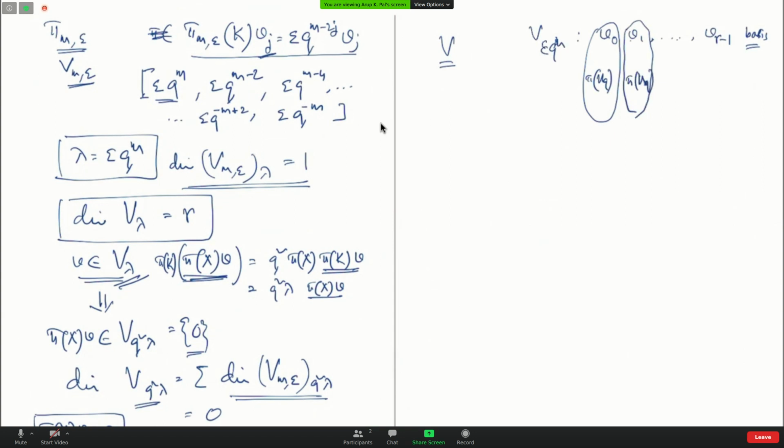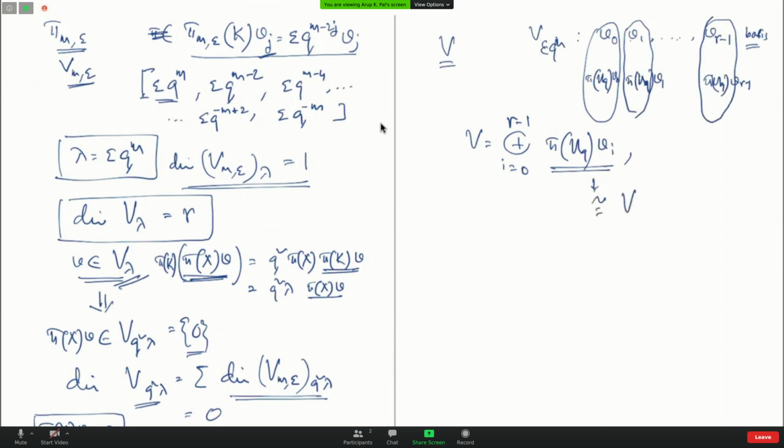So what you do is you show that V is the direct sum of π(U) v_i's, and this is equivalent to a direct sum of type π_{m,ε} on V_{m,ε}.